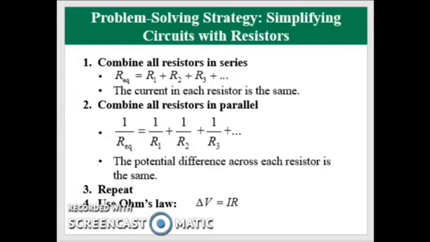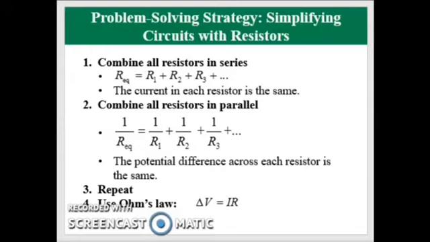Number 2, combine all resistors in parallel by summing up the reciprocals of the resistances and then taking the reciprocal of the result. Draw the new simplified circuit diagram. Use the equation for resistors in parallel. Remember, the potential difference across each resistor here is the same.